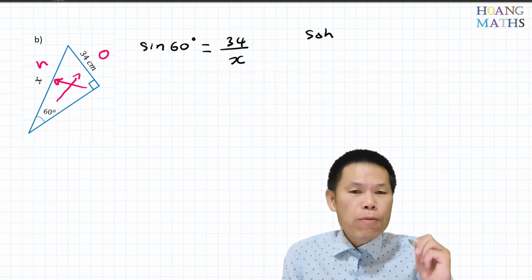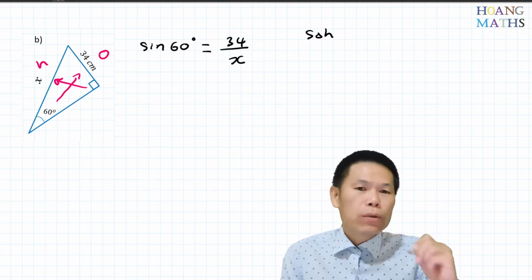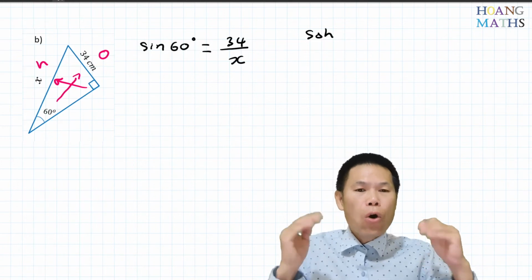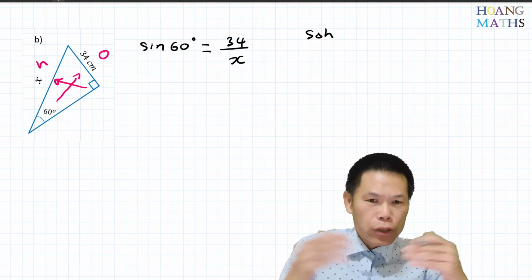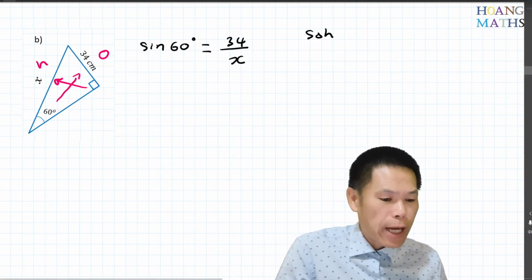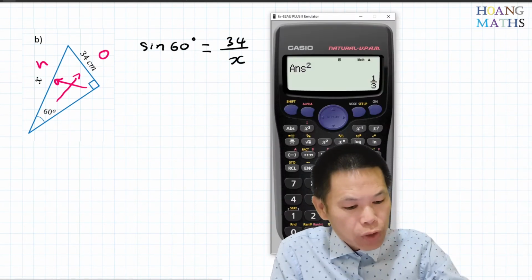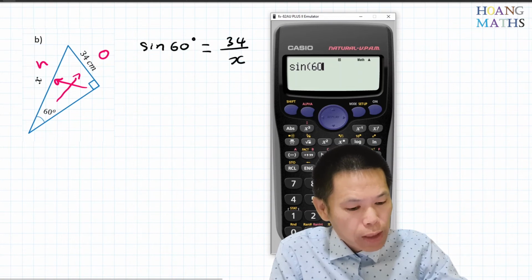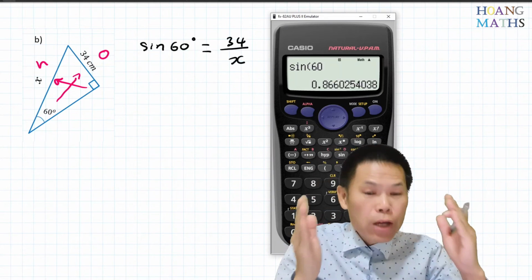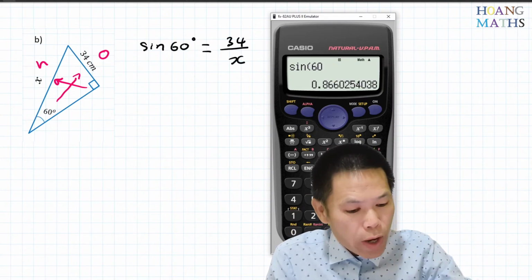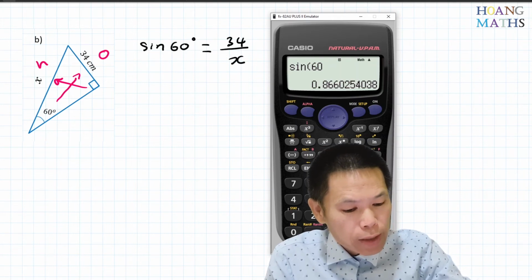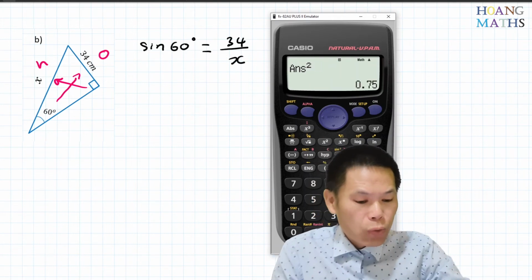So now we need to work out the exact value for sine of 60 degrees. Now, if you don't remember that, of course, just draw a triangle out or use calculator. So I just use calculator and show it to you again. So if you type sine of 60, it is equal to an irrational number. So we square both sides. If I square this, it gives me 3/4.